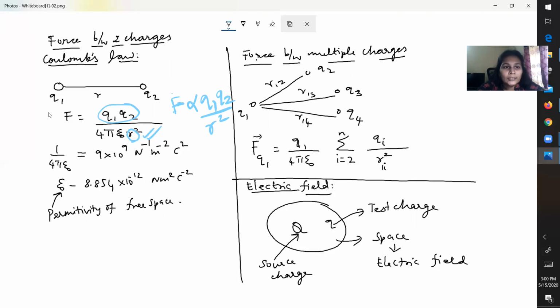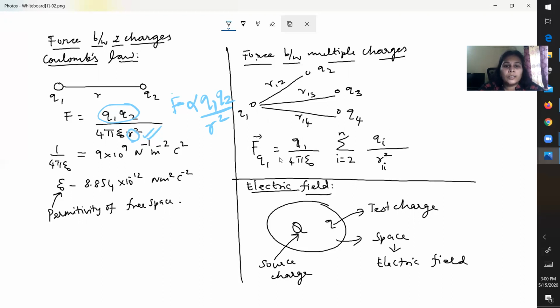Suppose instead of two charges, I have Q1, Q2, Q3, Q4, Q5 and so on, let us say Qn number of charges. What is the force on charge Q1 due to all these charges?